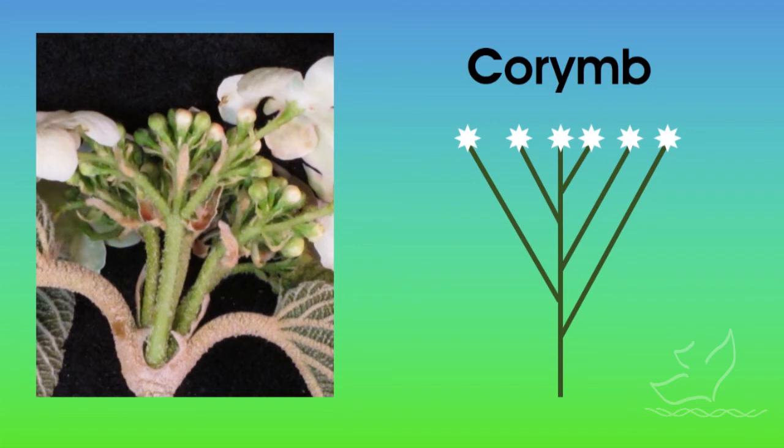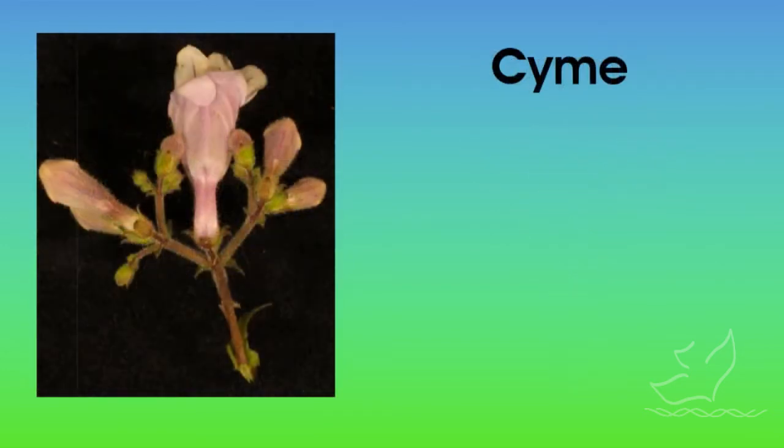Now, similar to this is another flat branched cluster, but it is called a cyme because the oldest flowers are in the inside. So as you can see in this picture, the branch comes up, forms a flower at the end, and then as that flower is forming, two branches develop below the flower.